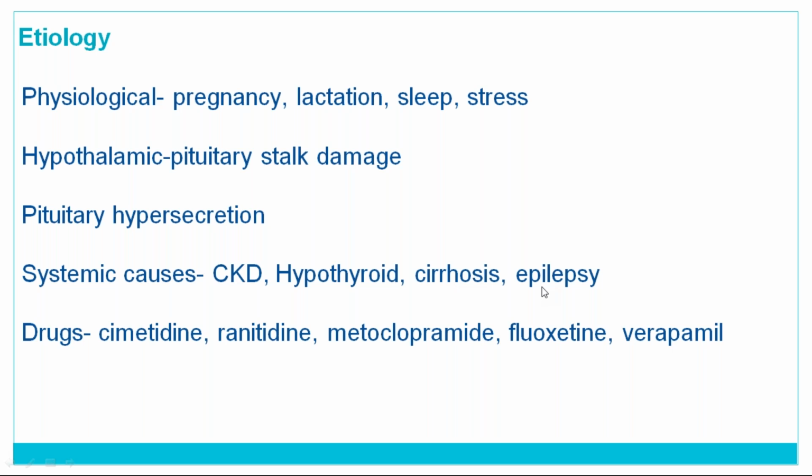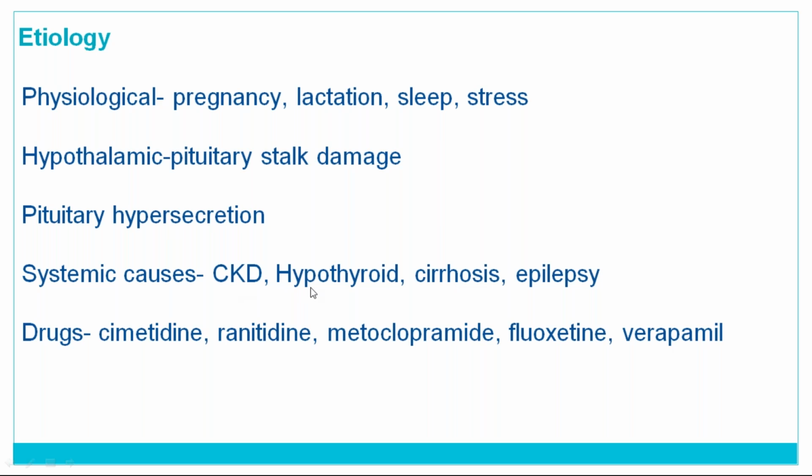Whenever there is hypothyroidism, T3 T4 levels will be low, so that will give a feedback to the hypothalamus. What will the hypothalamus try to do whenever T3 T4 is low? Increase TRH production. So whenever TRH production is raised, TSH will be increased, and along with that there will be raised prolactin levels.